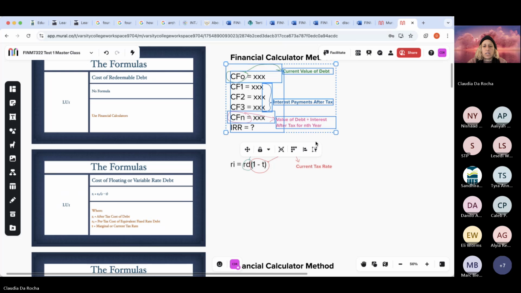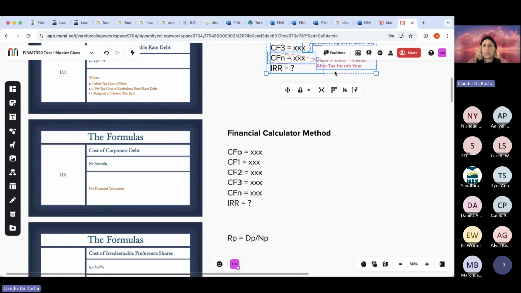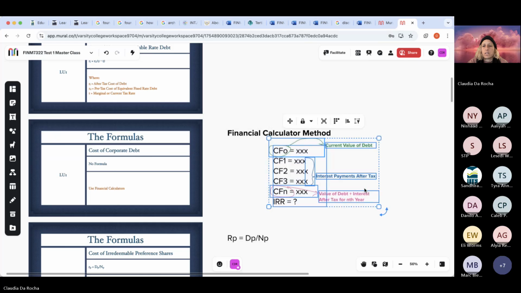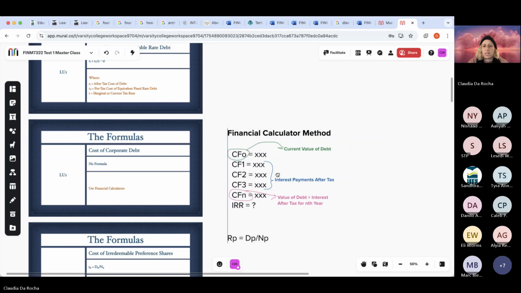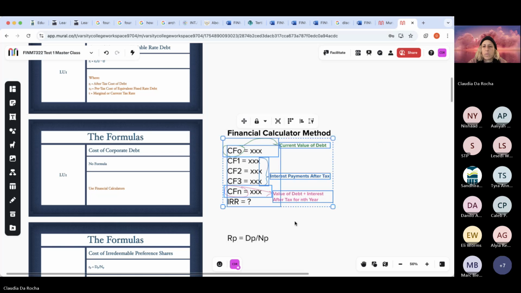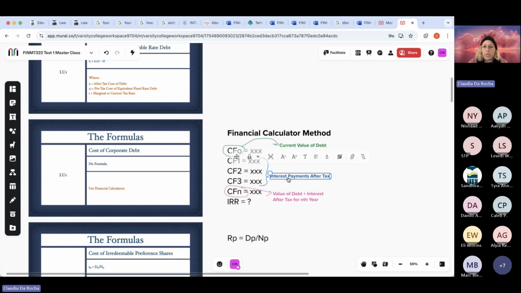Just copy that over where we are. Okay, so the current value of your debt, this will be your coupon payments now. And then the CFN would be the same.